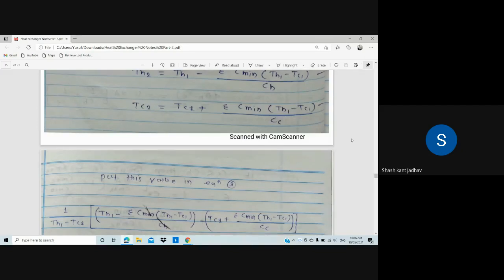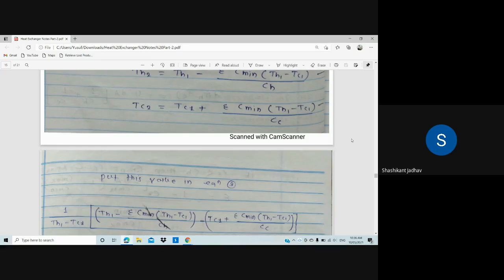So TC2 is equal to TC1 plus, if you simplify it yourself, you will get this equation. I have written that equation directly.